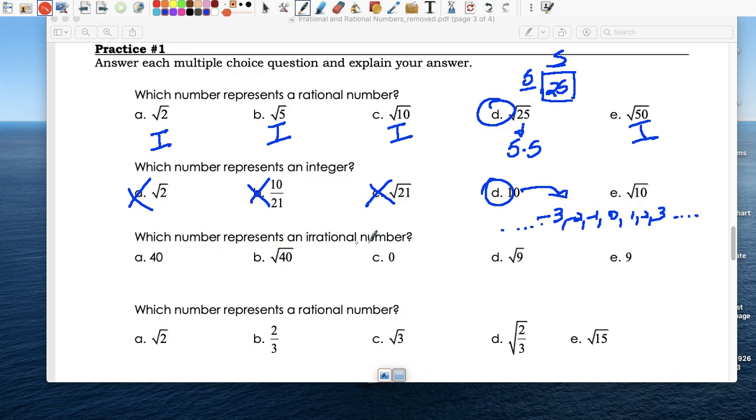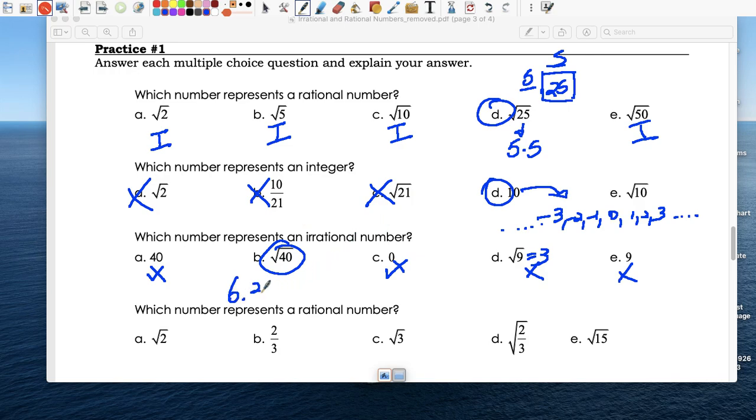Which number represents an irrational number? Well, 40 is just rational. 0 is rational, so we don't want that. And square root of 9 is 3, and we don't want that because that's rational. 9 is just rational because it's a counting number, an integer and a whole number. But square root of 40 is a decimal that goes on forever and ever and does not repeat.